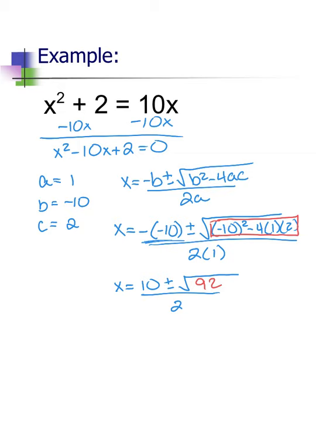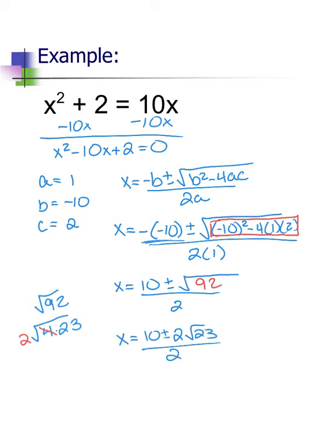So off to the side, I'm going to write radical 92. I'm going to find factors. 4 times 23 gives me 92. The square root of 4 is 2. So my answer becomes 10 plus or minus 2 radical 23 over 2.